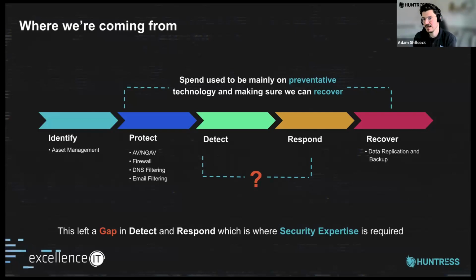Or recover. And absolutely, these two pillars need to have some security spend. You have to minimize the potential for a breach to occur. And you absolutely need to have a recovery plan in place, whether that's through data replication and backup, or a business continuity plan to make sure that you can continue to operate as a business and get back up and running in the event of a breach as well.